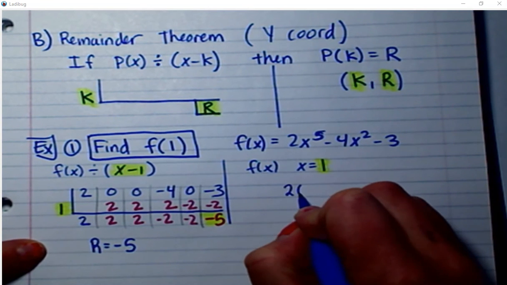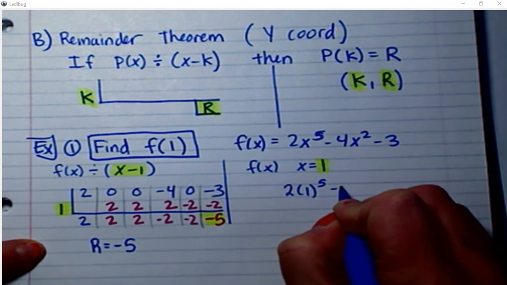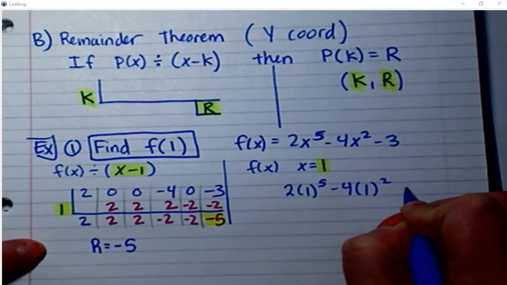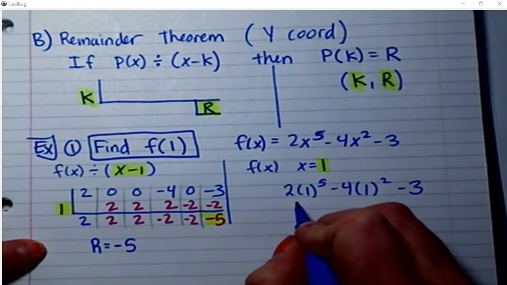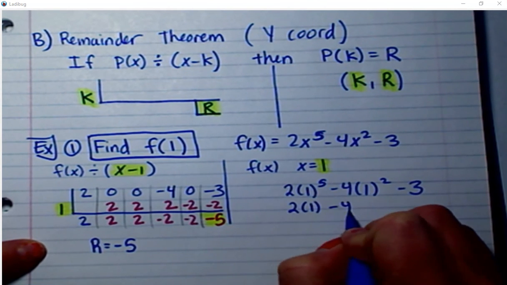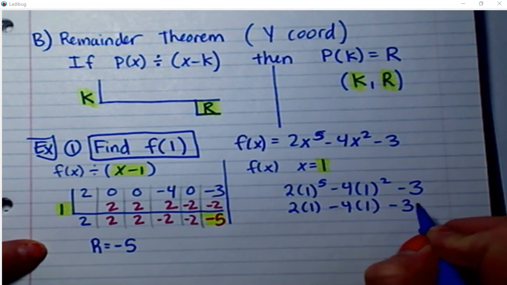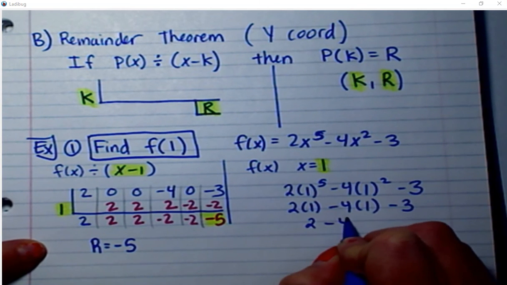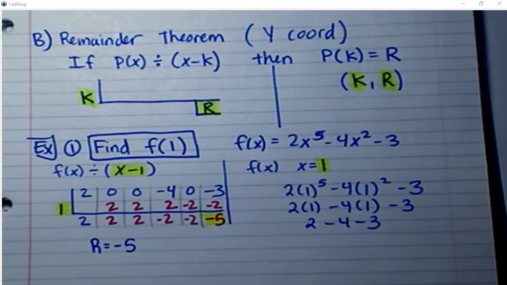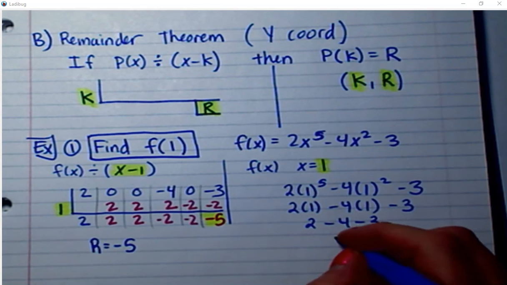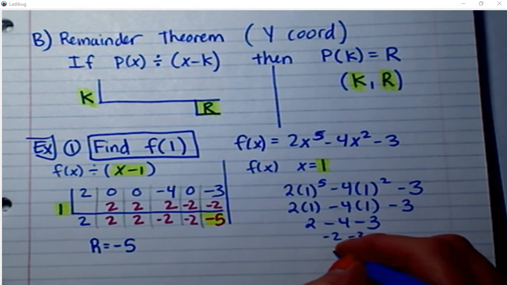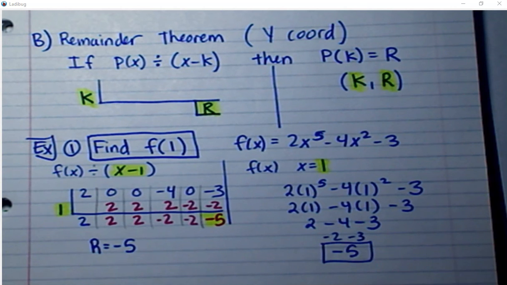Okay? 2 times 1 to the 5th minus 4 times 1 squared minus 3. I like to combine two numbers at a time. The answer is -5.